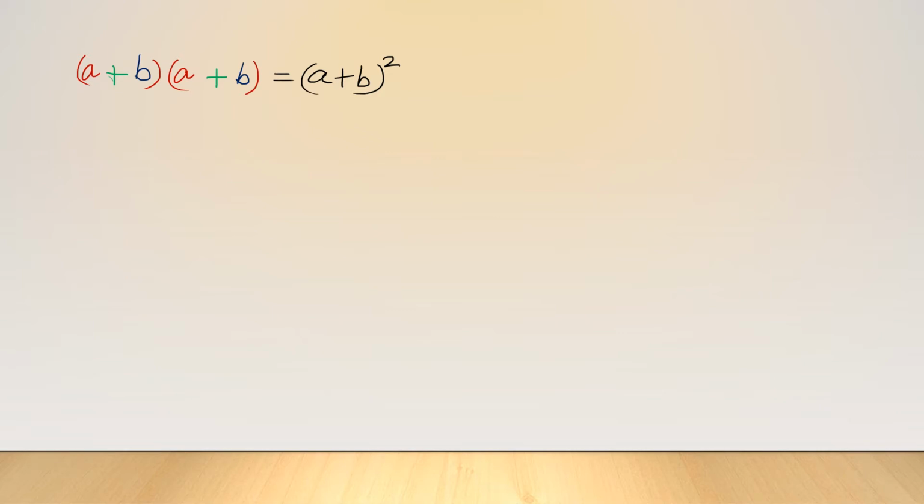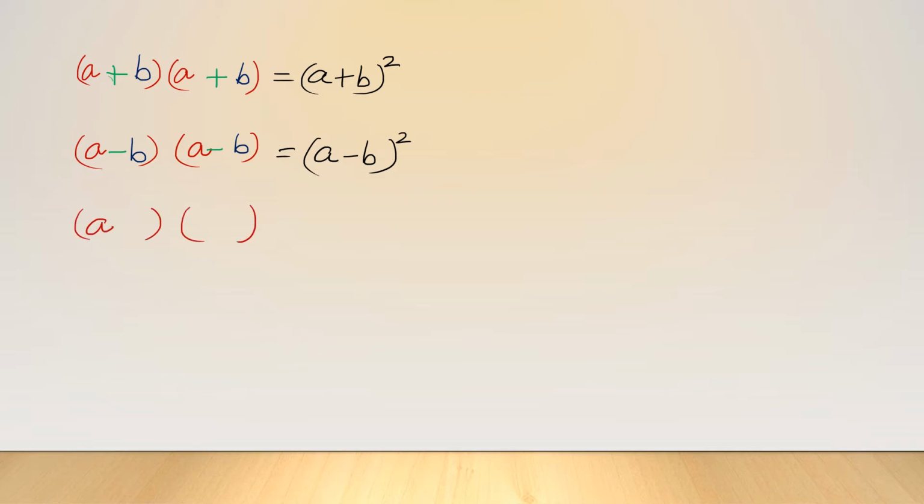And suppose we are given 2 brackets, the first term of both the brackets is same and the second term of both the brackets is same, but now there is a negative sign. Then we apply the identity (a minus b) whole square. Again, suppose we have 2 brackets.